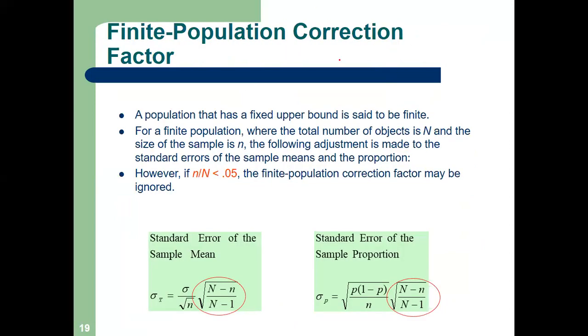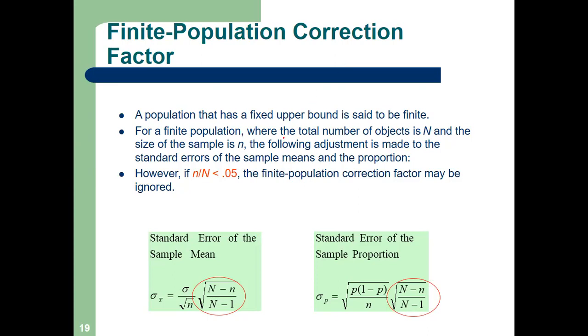Next, there is a concept called finite population correction factor. Let us understand what this correction factor is all about. First of all, let us understand when we are going to apply the correction factor. What is the correction factor?